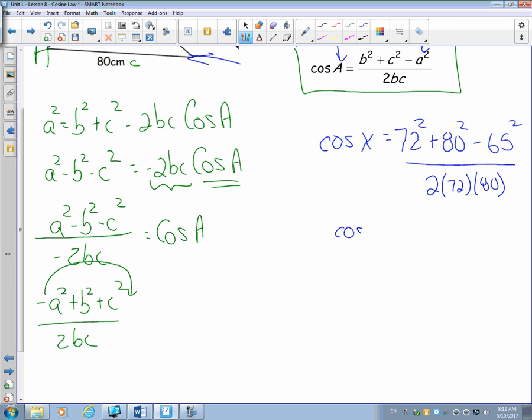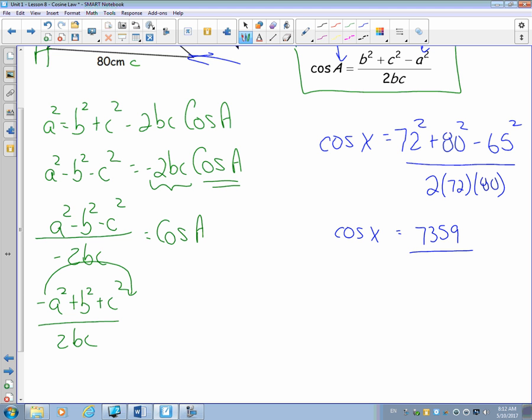So what I'm going to do here is figure out the top and the bottom of this fraction independently. I'm going to put all the numbers in the top into my calculator and see what we get. And I get 72 squared plus 80 squared, 7,359 on the top.